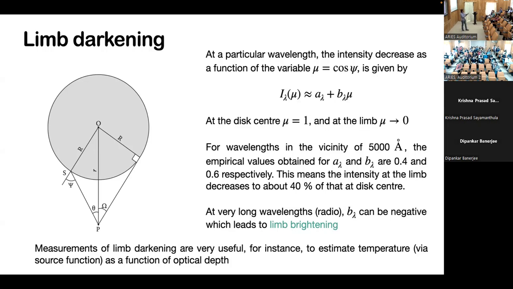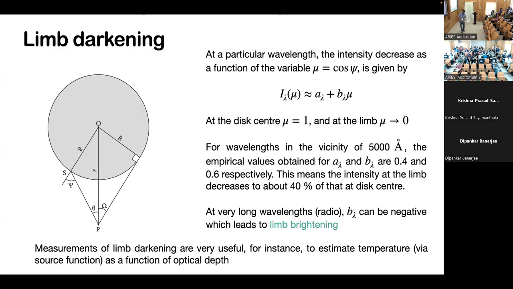Ultimately this is because of the angle with respect to the line of sight, so that's why they came up with an empirical relation. As you can see, the subscripts a lambda and b lambda are dependent on the wavelength. You have also seen in the previous plot that how much limb darkening happens depends on the wavelength as well.